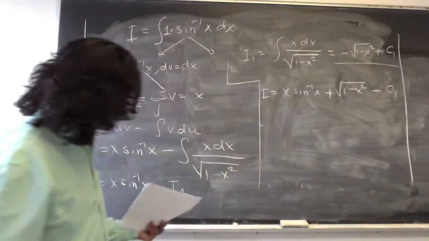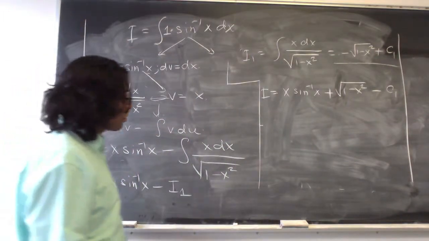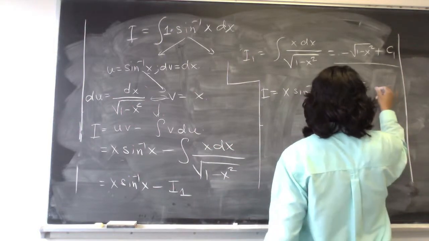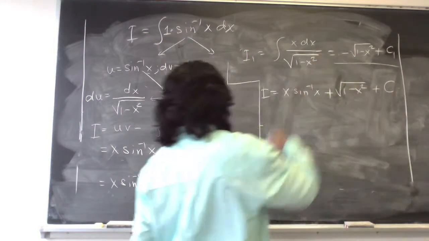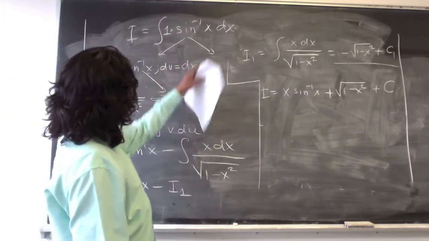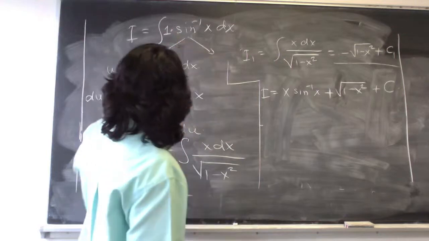But again, c1 was an arbitrary constant of integration, so you can just change it to plus c, where c is the constant of integration. So that's how you solve the inverse trigonometric functions integral.